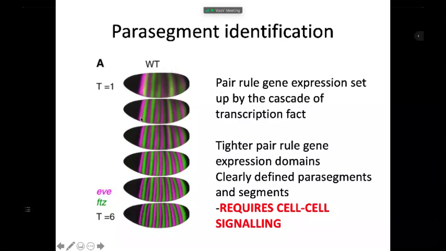And then we can see here that they get tighter and tighter domains of expression. Now this tightness of domain expression, where we have clearly defined parasegments, and hence our segments are clearly defined, requires cell-cell signaling. And that's what we're going to be looking at in the next lecture, after our short break.